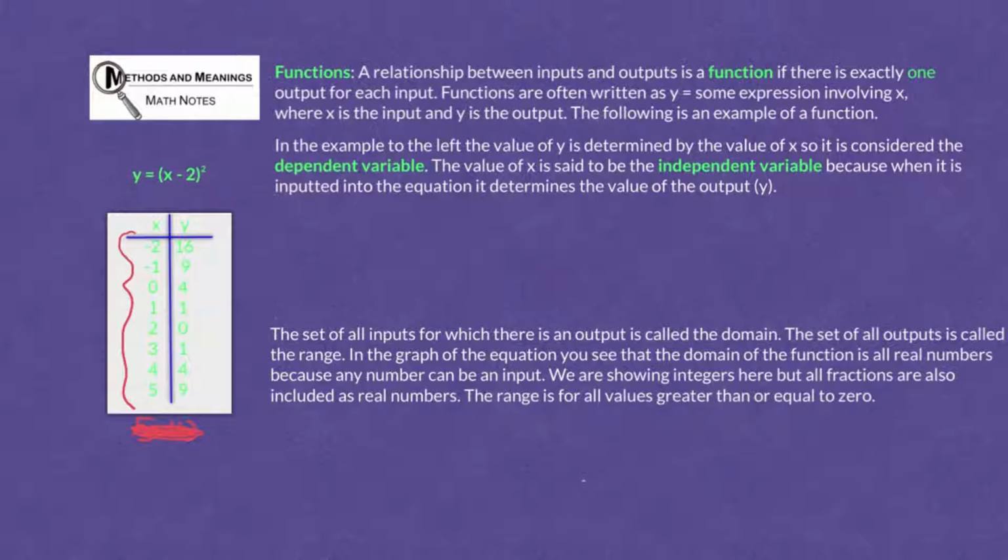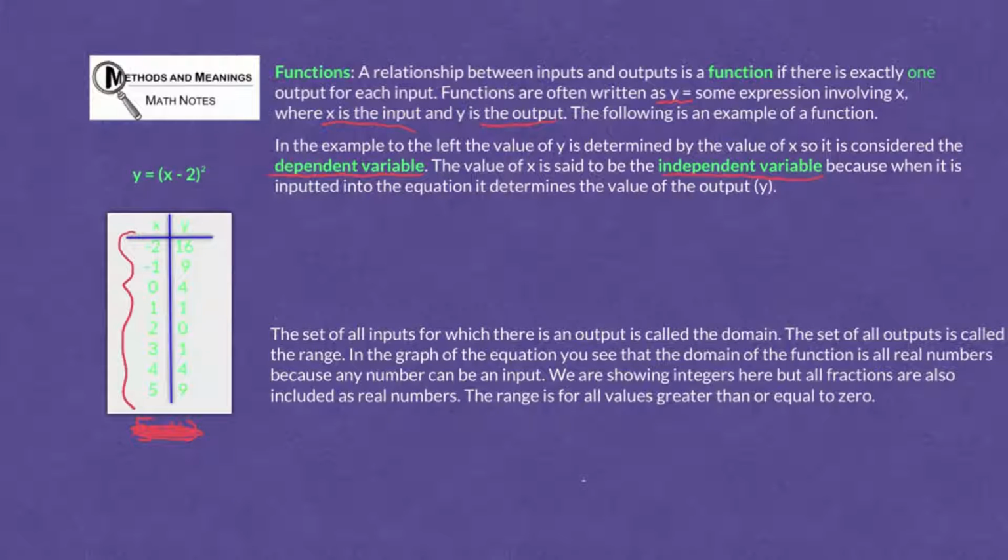If you're looking at this one, functions are written as y equals. And it means that x is our input and y is our output. If we go down to the next paragraph, it goes a little bit more into explaining that y is our dependent variable because it is determined by the x value. And x is said to be our independent variable because it determines it.